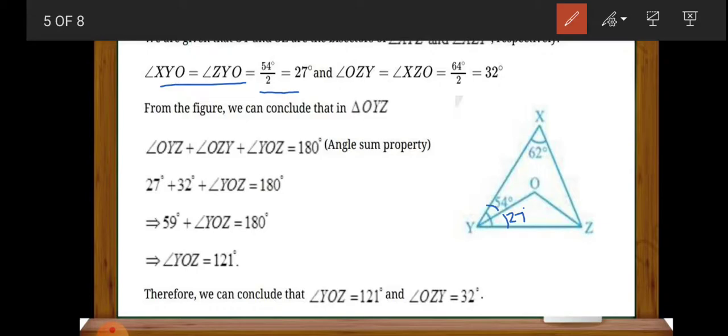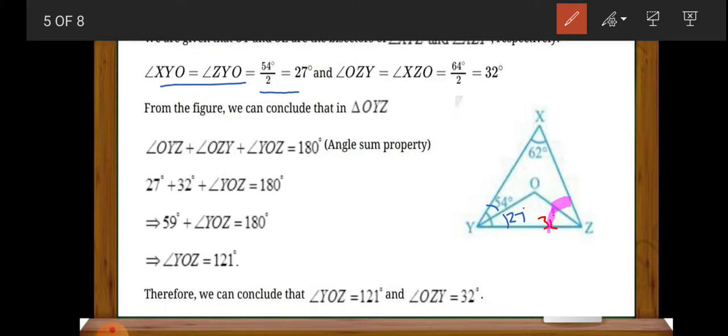And angle OZY is equal to angle XZO, which is equal to 64 by 2, which is equal to 32 degrees.